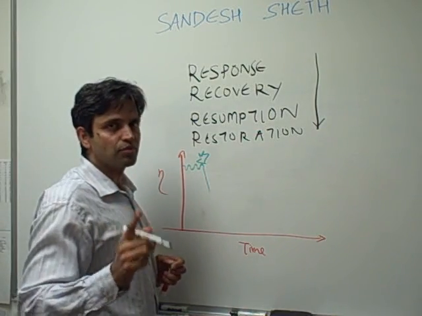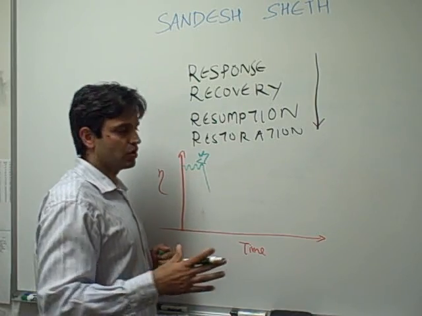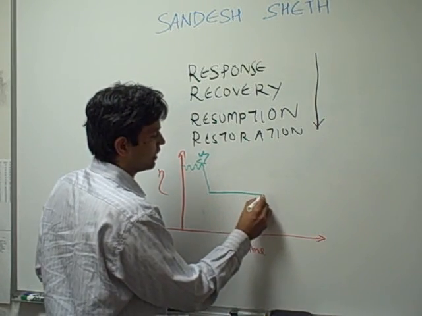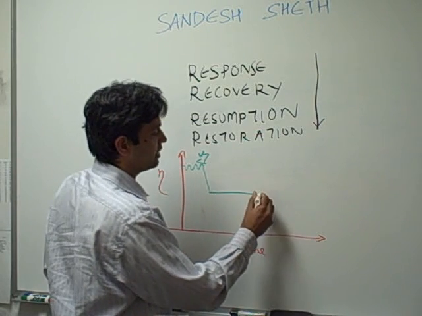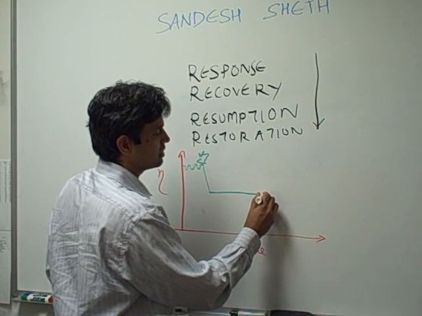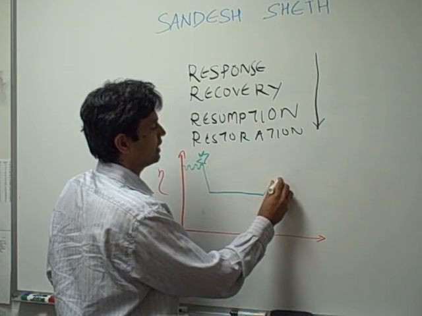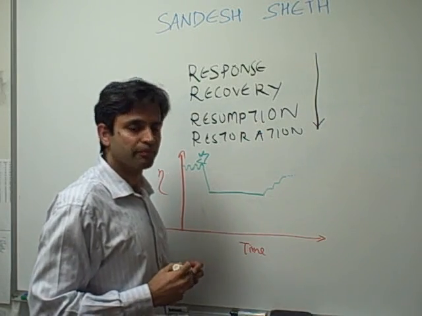In this case, it drops to a predefined level because the organization has a business continuity plan in place. Organization takes time to recover and organization resumes its business process and slowly but surely gets back to normalcy.